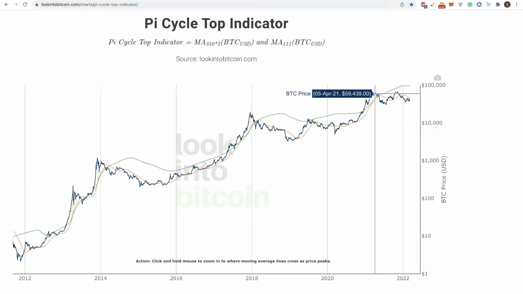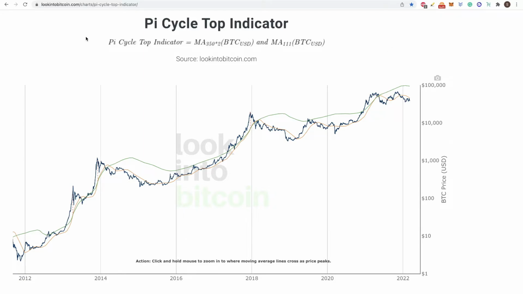A couple of YouTubers talked about this indicator at that moment, but it was the only indicator actually marking the top. Time passes and we can see that this indicator was the only one that was actually right. So I will really consider using this indicator.